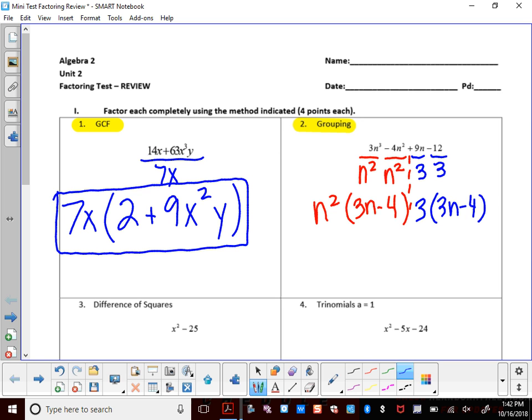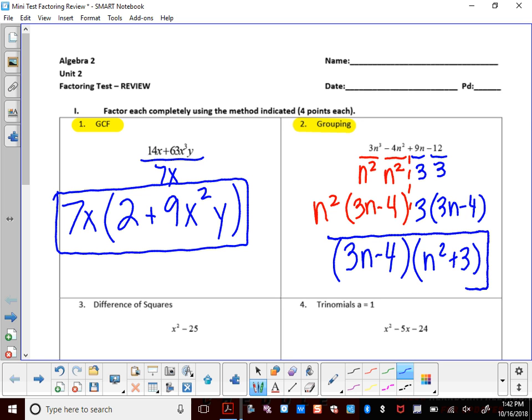Do I have matching parentheses? Yes. So that becomes a factor. And my GCF becomes a factor. Any questions on grouping?